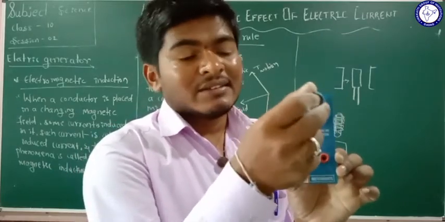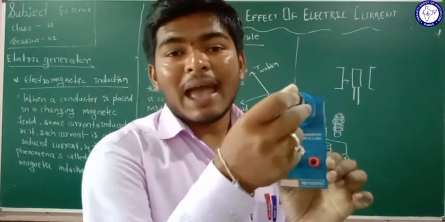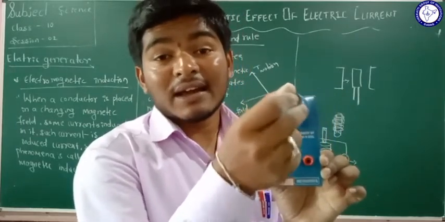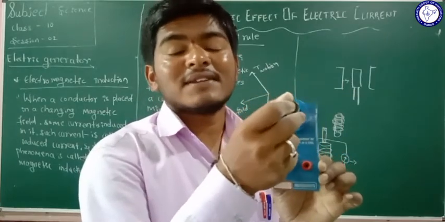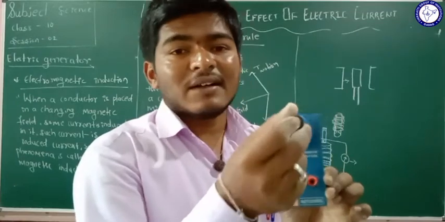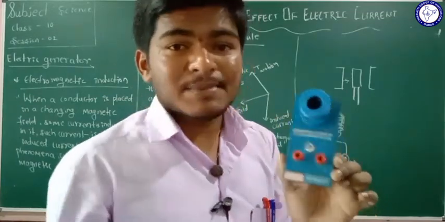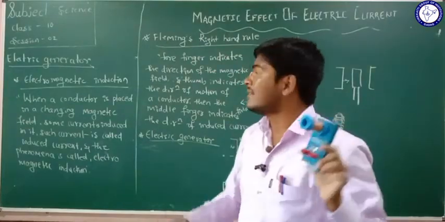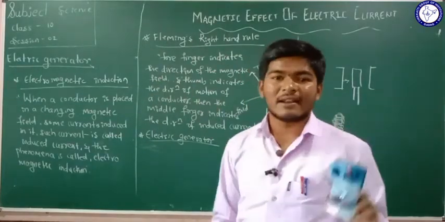So it produces some electric current, and this current is known as the induced current, and this phenomenon was first observed by Michael Faraday, and this is explained by Fleming's right hand rule. How it works, that is nothing but the electric generator.